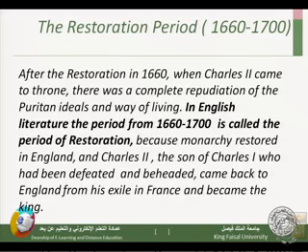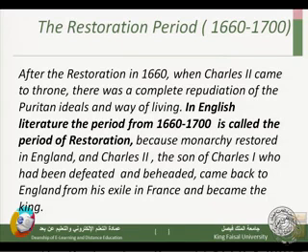So in English literature, let me repeat this sentence because it is important. In English literature, the period from 1660 to 1700 is called the period of Restoration. So in the previous lecture, we got the Puritan period.